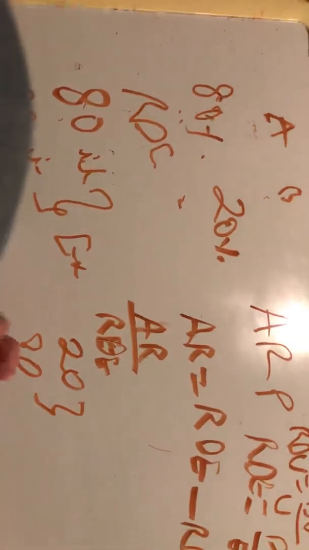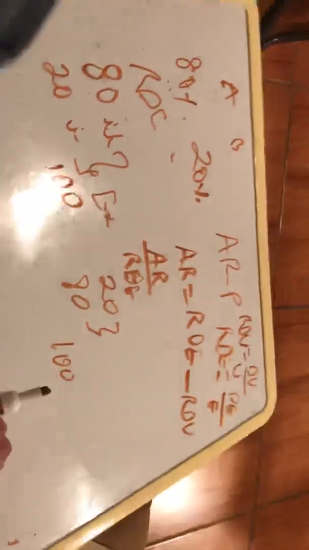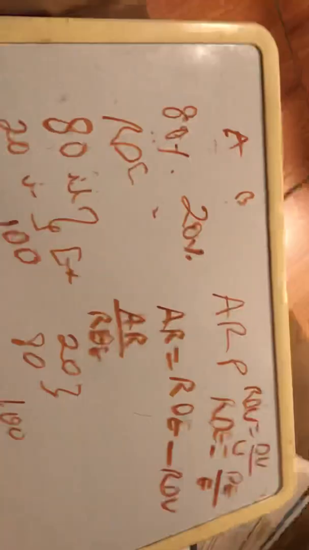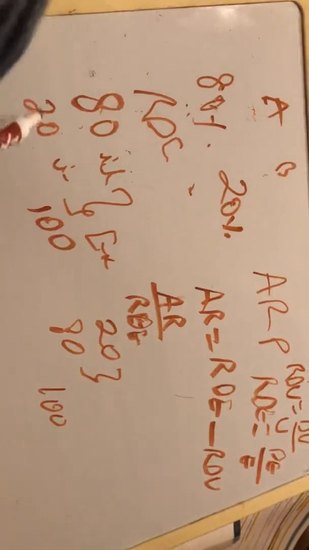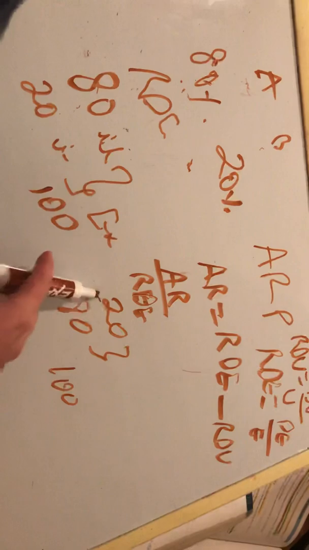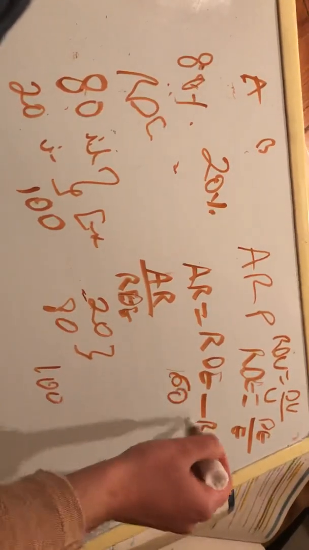Supposing that I have 100 people here and 100 people here, in order to do the math easy. So we know that the rate of disease in the exposed group is 80%, and the rate of disease in the unexposed group is 20%. So our attributable risk is 60%.